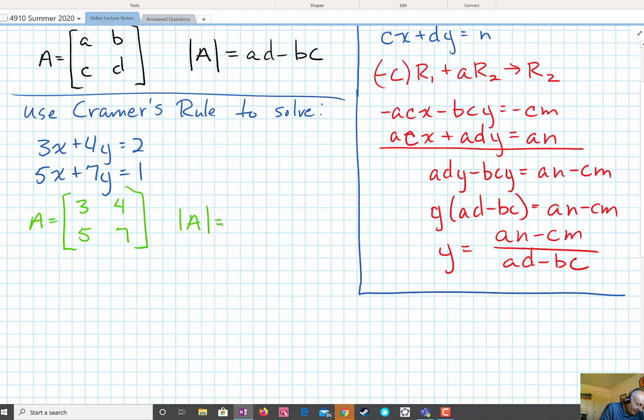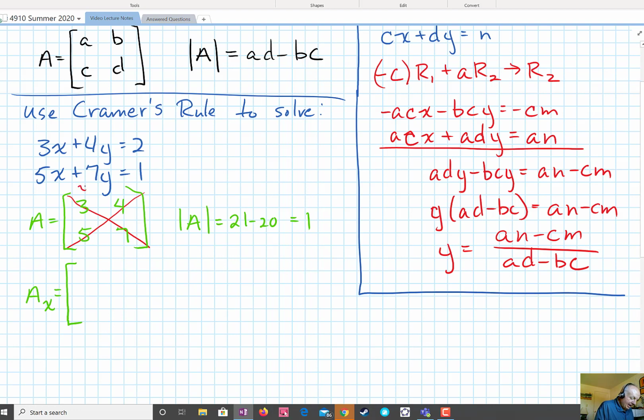Once we have A, we need its determinant. We know how to do that: we take the product of this minus the product of that. So 21 minus 20 is 1. Now we need the matrix we're going to call A sub x. This is the A matrix, but with the x column replaced.